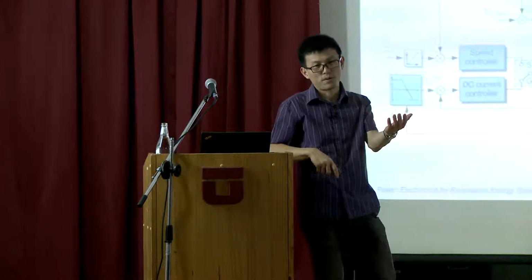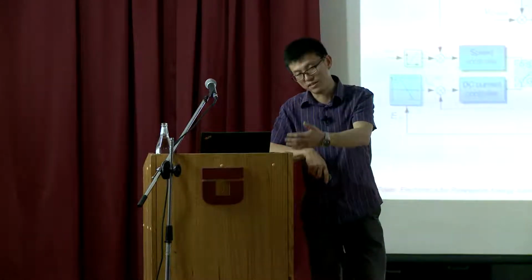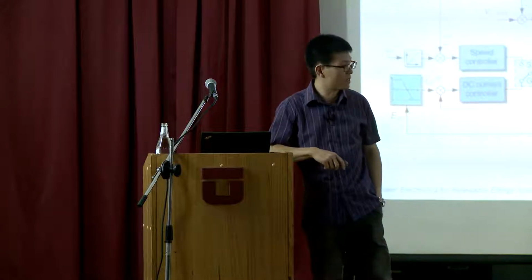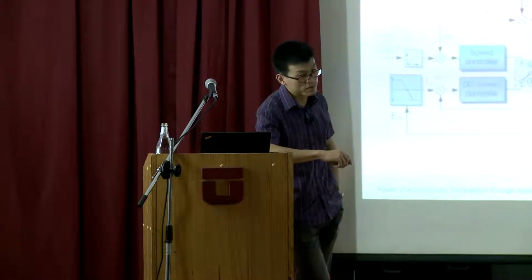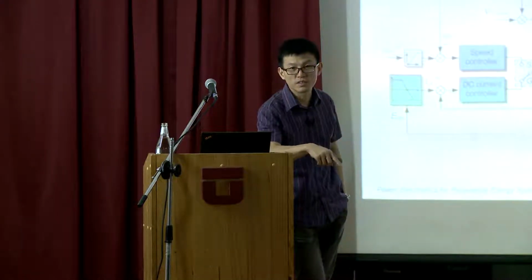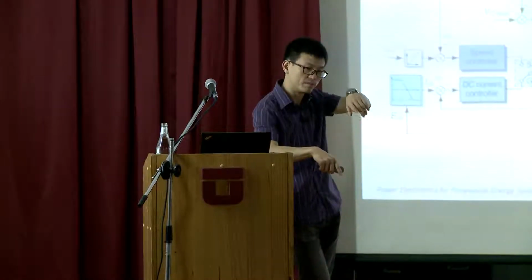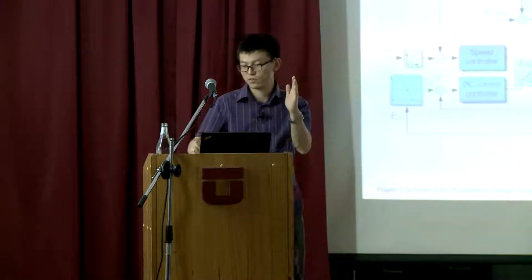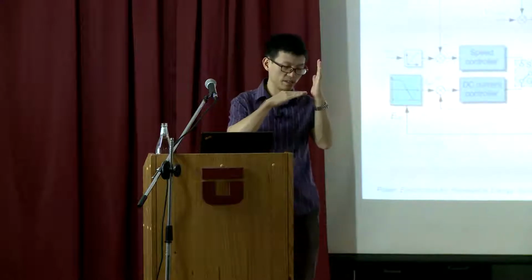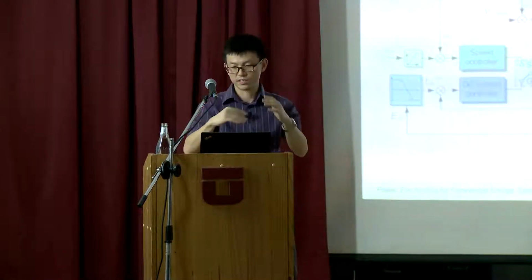So the torque is proportional to the armature current and to the flux current. The reason is that these two currents, if you draw them as vectors, are shifted by 90 degrees.